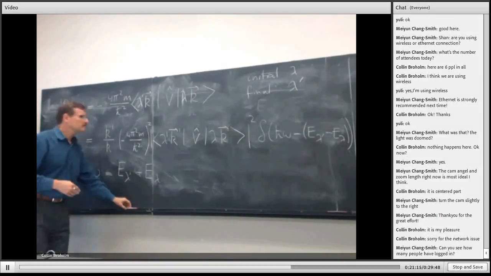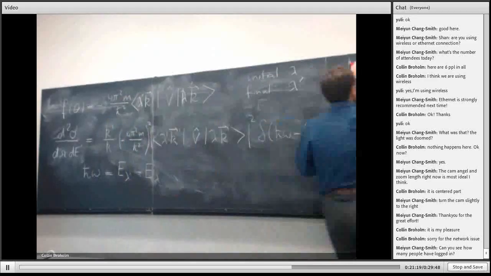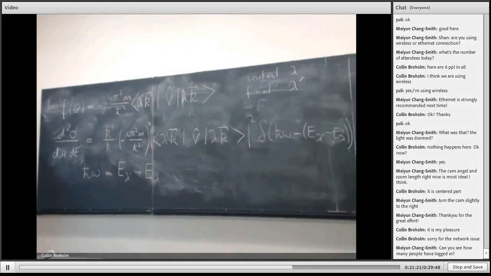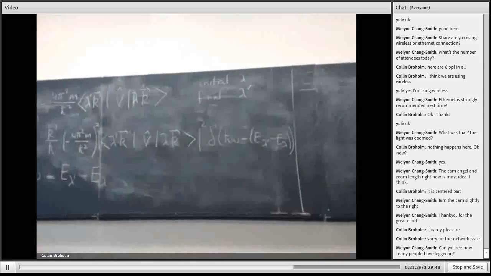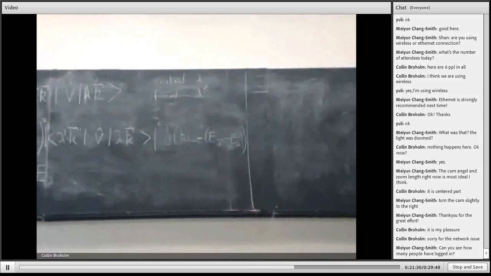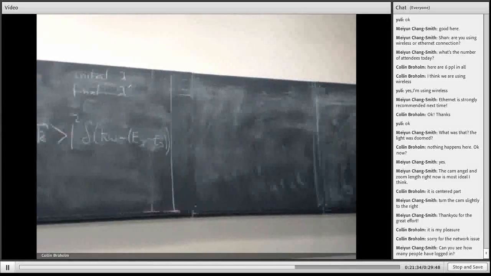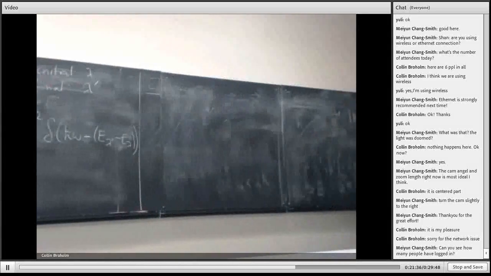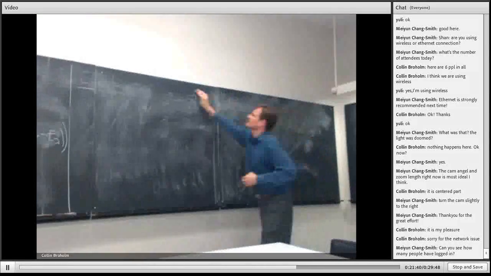What I'm instead going to do, and I'm now going to transfer over here, is think about an initial thermodynamic equilibrium state and a combination of all possible final energy states.